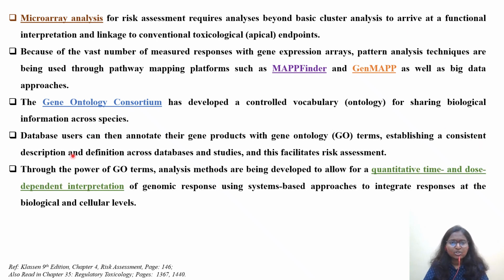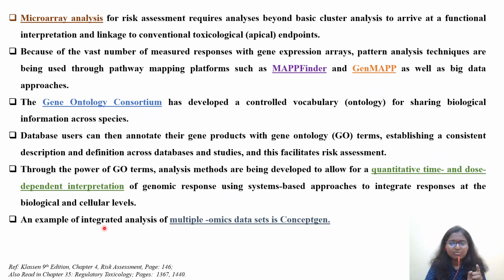Next, through the power of these gene ontology terms, analysis methods are being developed to allow for quantitative time and dose dependent interpretation of genomic response, using system based approaches to integrate response at the biological and cellular levels. Both at the biological level as well as at the cell level.